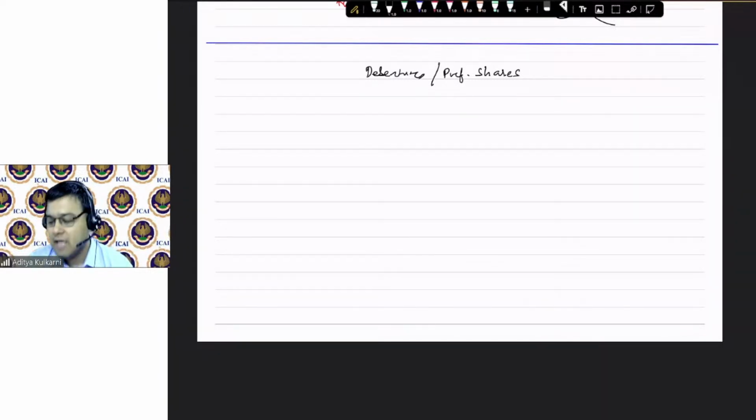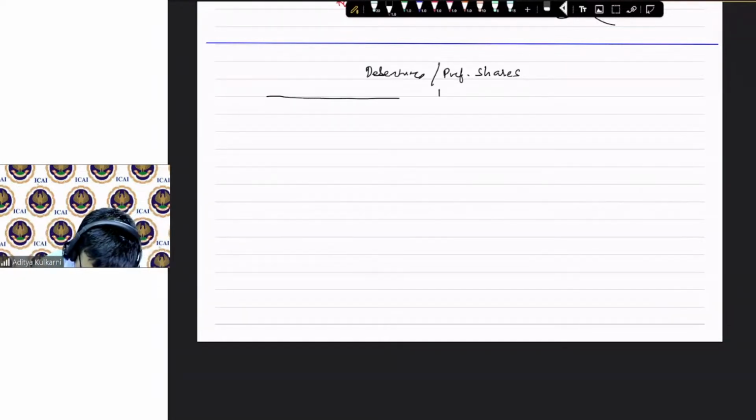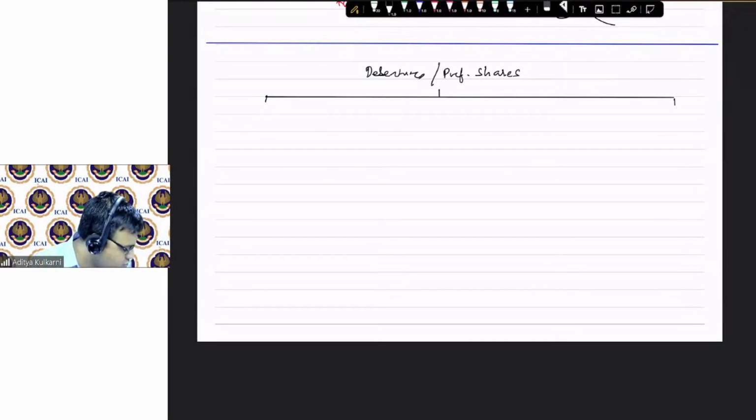But now there could be certain complex or mixed instruments. Take any debentures or any preference shares. What would be the 2 streams of cash flows? We look at the convertible part later on. What could be the 2 streams of outflows? I am talking from the perspective of the issuer.